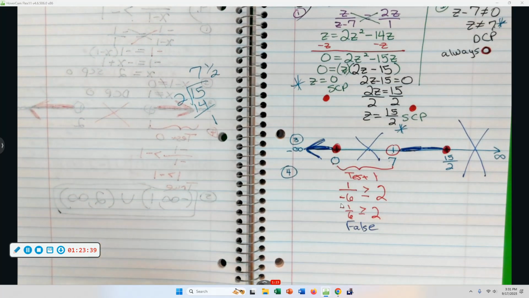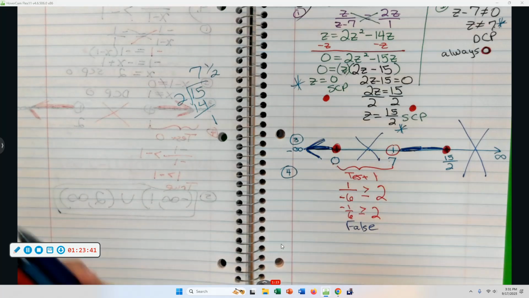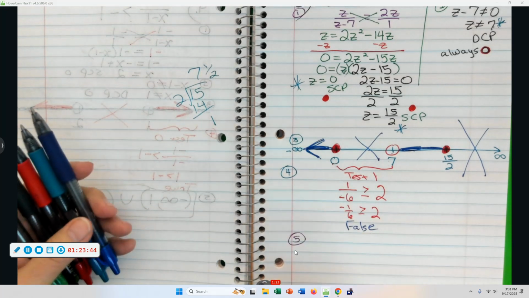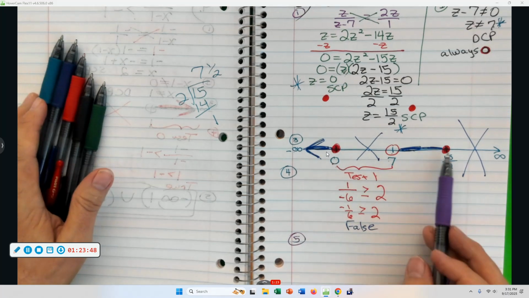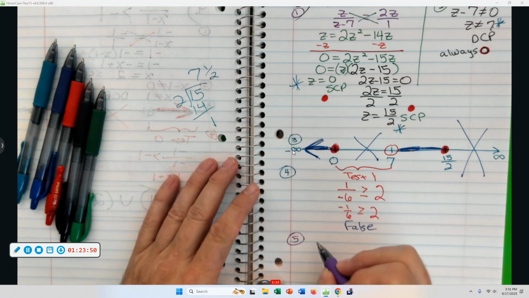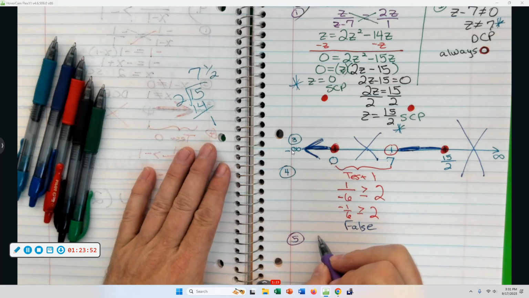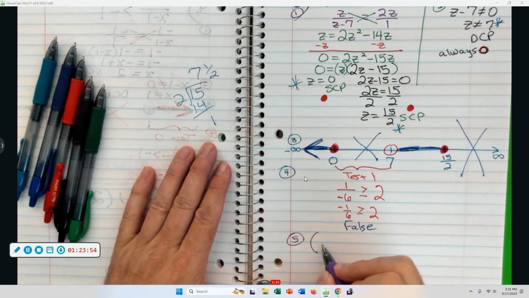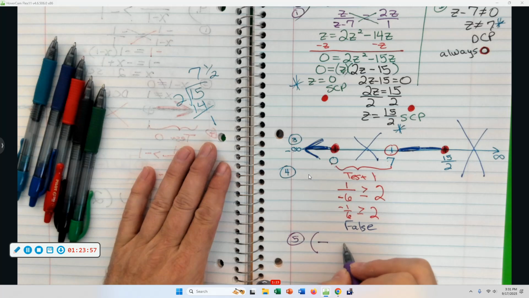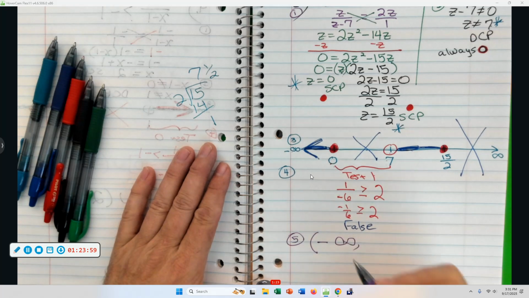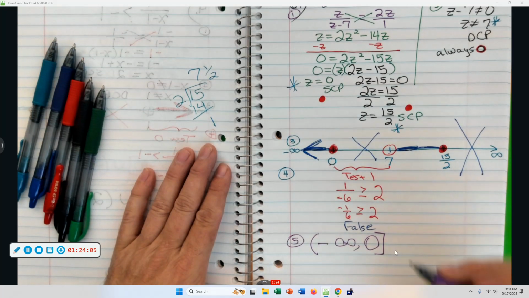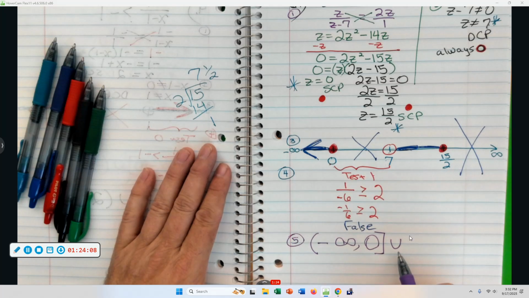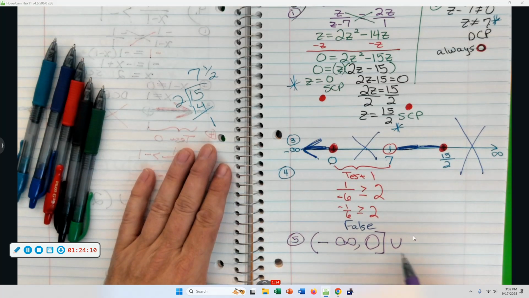Fifth and final step. What do we have to do? Write it out in interval notation, going from left to right. Call it out as if you were typing it in. What would you type first? Parentheses, negative infinity, comma, 0, bracket, U. And that's not a U from the keyboard, okay?